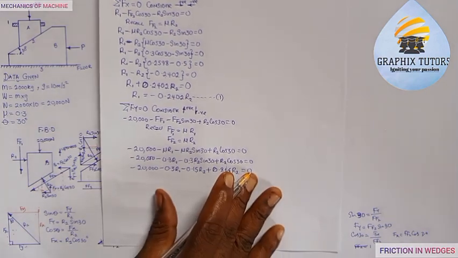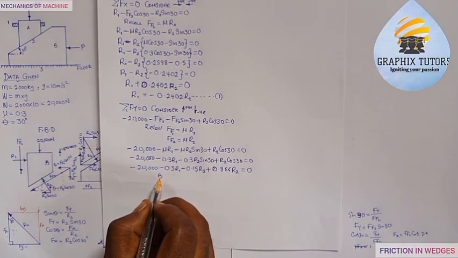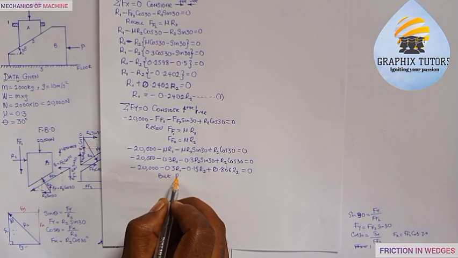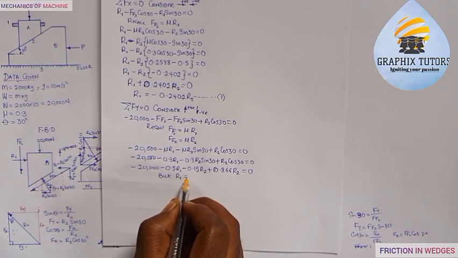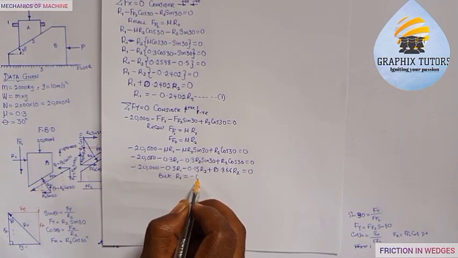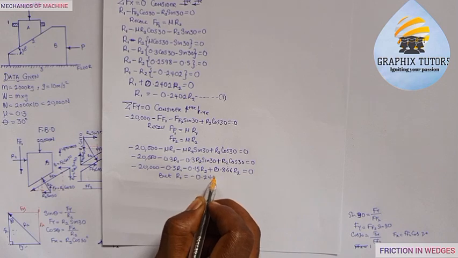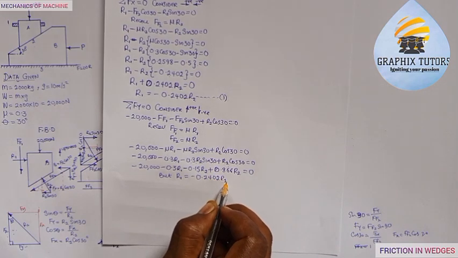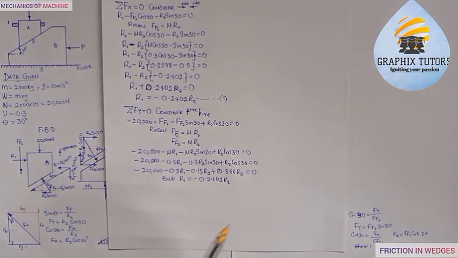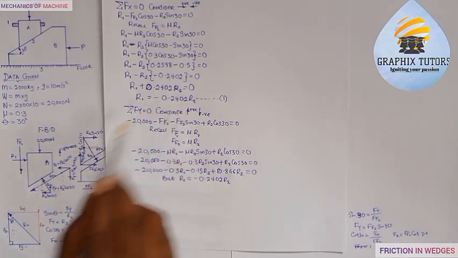Now, but R1 is equals to minus 0.2402 R2. You can see that from here, from equation 1.